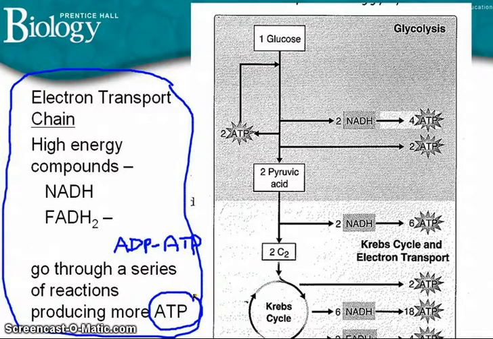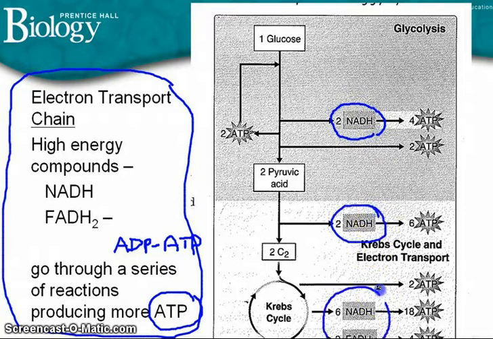If you look in the book, there's a couple of pages of very complicated information, but I want you to know just the function of this system, not exactly how it works. So the electron transport chain takes these high energy molecules that are produced as we break the glucose apart, and through a series of reactions they create ATP. And in fact, most of the ATP created through cellular respiration is created through the electron transport chain.